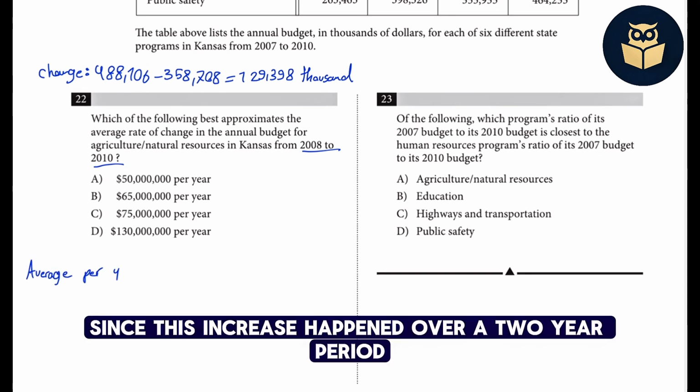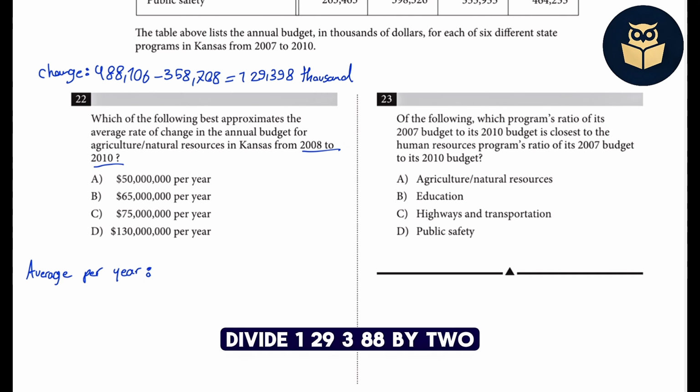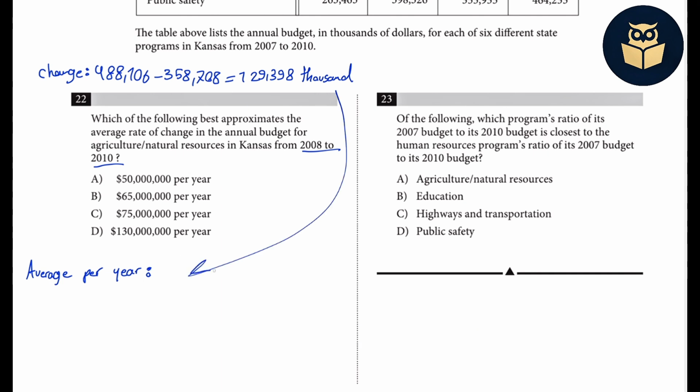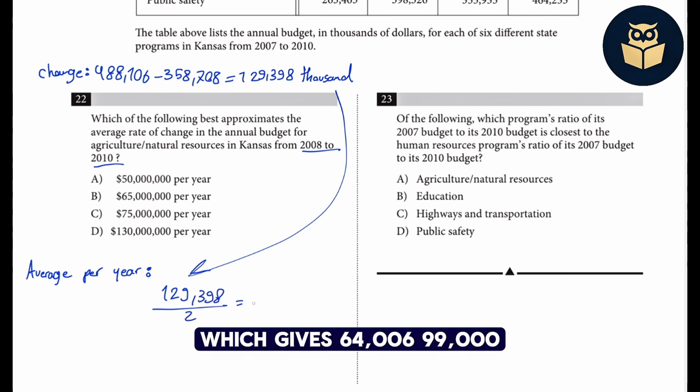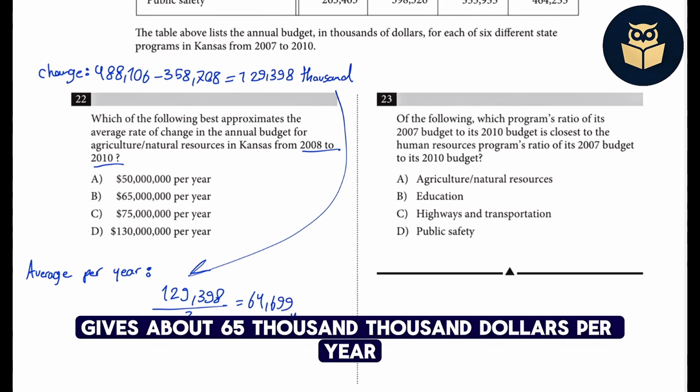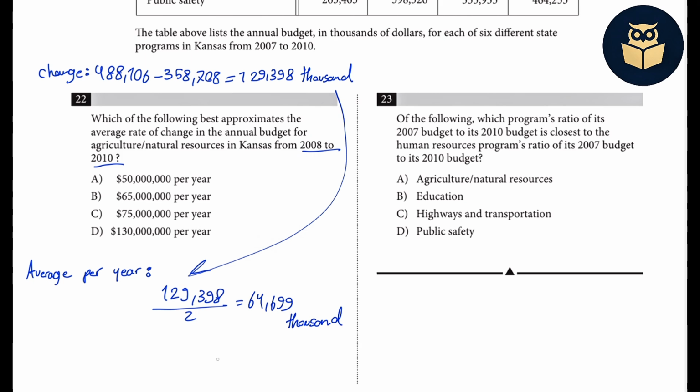Since this increase happened over a 2-year period, divide 129,398 by 2, which gives 64,699,000. Converting that into full numbers gives about $65,000,000 per year. That brings us straight to choice B.